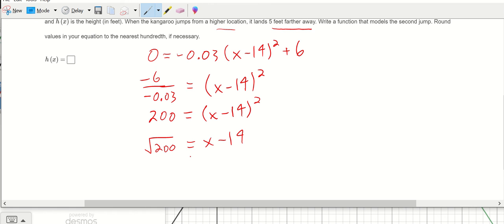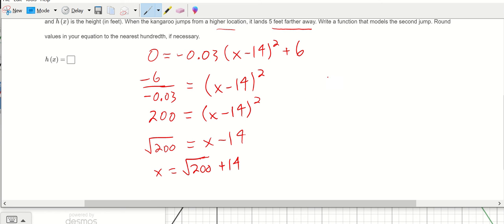But we're talking about a positive distance. In this case, I don't care for both x-intercepts, just where it lands. So anyway, I'm looking at just the positive square root here. Okay. From there then, I can say x is square root of 200 plus 14. Alright, and I don't particularly care for the decimal version of that. That would be an estimate anyway. Let's just leave it like that.